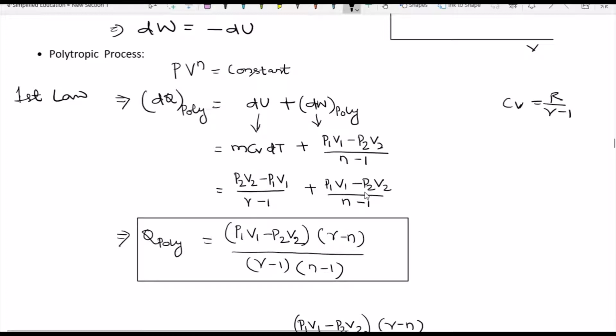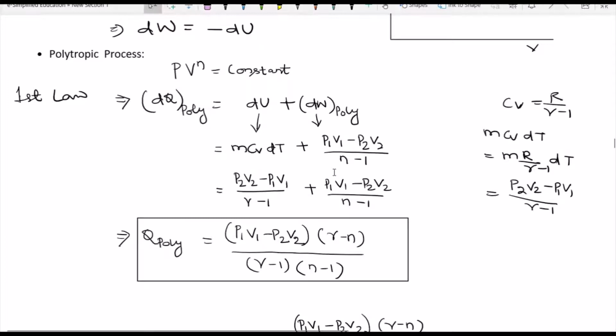So mCv dT will be m into R by gamma minus 1 into dT. So mR dT I can write as P2V2 minus P1V1 divided by gamma minus 1. In place of dU we can write P2V2 minus P1V1 divided by gamma minus 1, and dW for the polytropic process is P1V1 minus P2V2 divided by n minus 1.